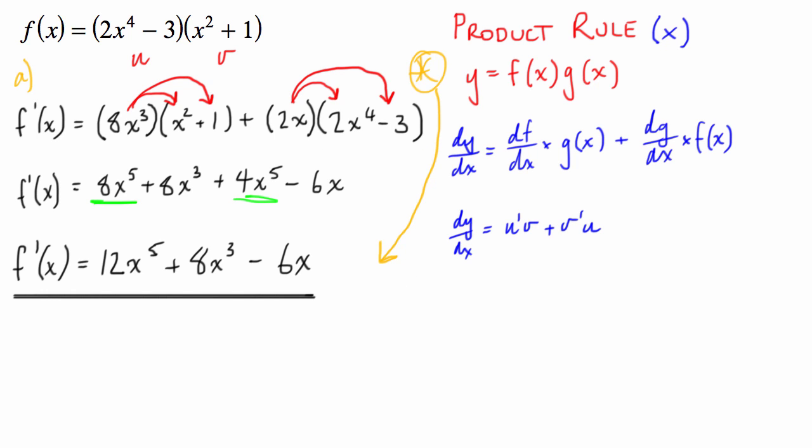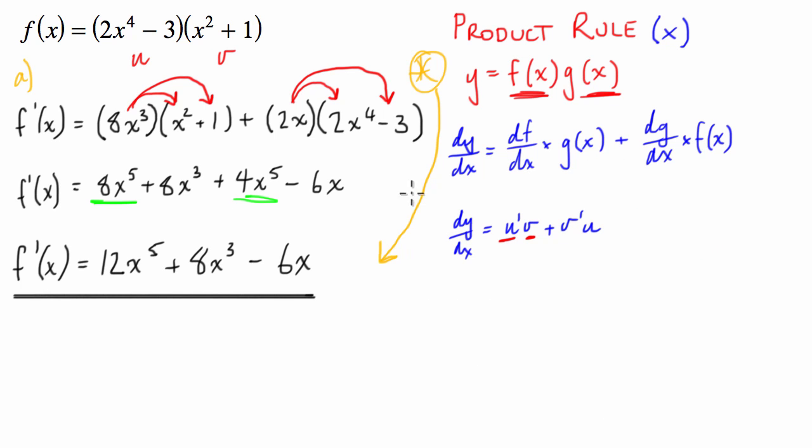So let's just recap what the product rule is, guys. The product rule is when we have a function that is described as two subsequent functions multiplying together. So it is a function which is described as the product of two smaller functions or two constituent functions. In this case, we had f of x and g of x, or u and v.